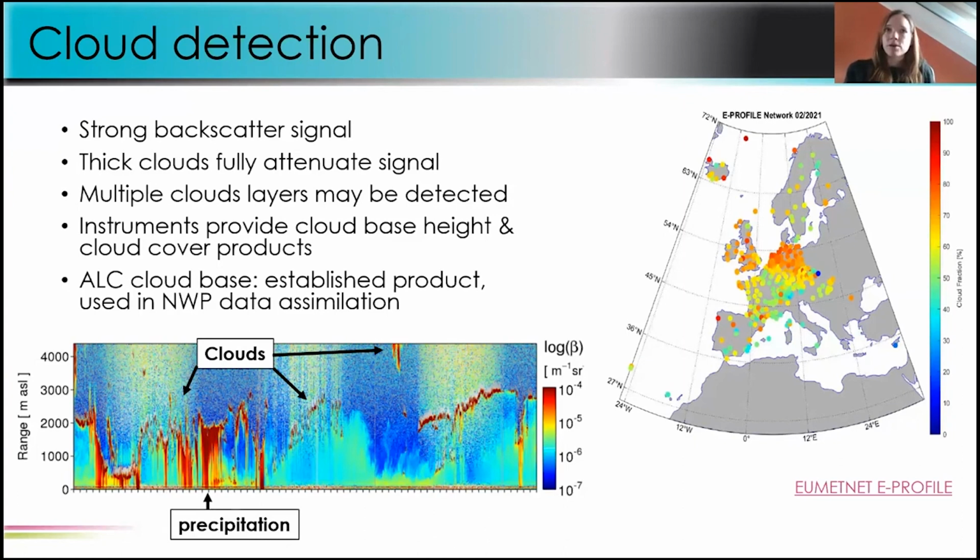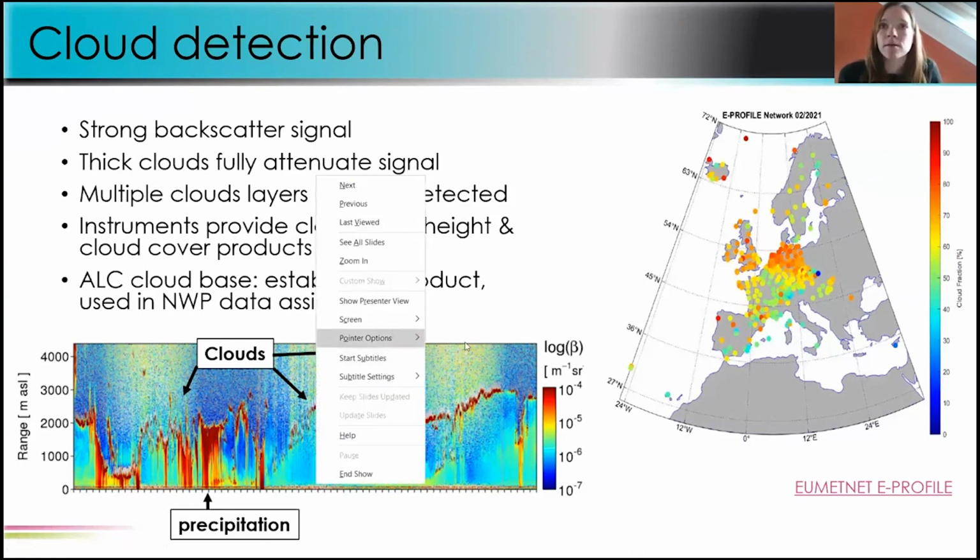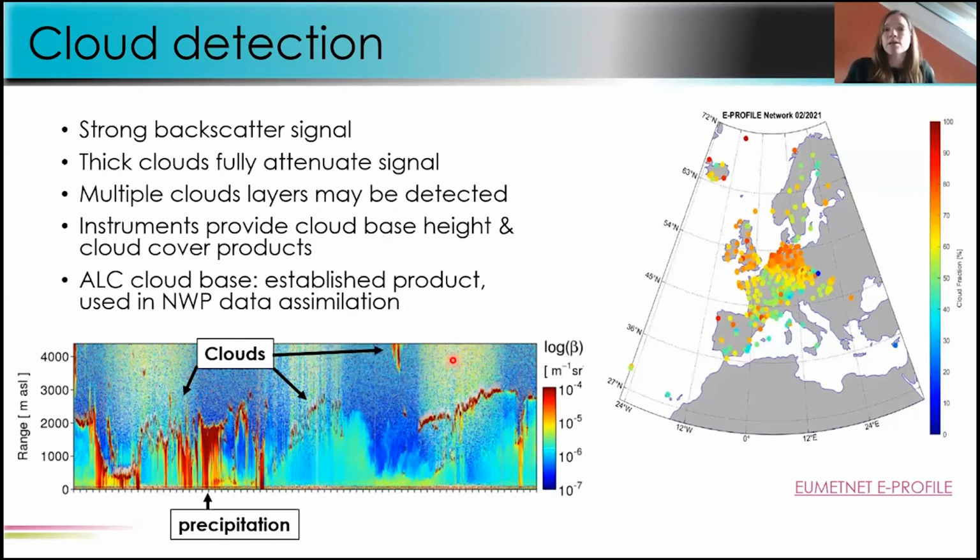If we have a very strong, thick water cloud, the beam is fully attenuated and we cannot see what is happening above the cloud, which is, for example, the case here above this cloud. But if we have broken clouds or thin clouds, we can actually detect several cloud layers at the same time.